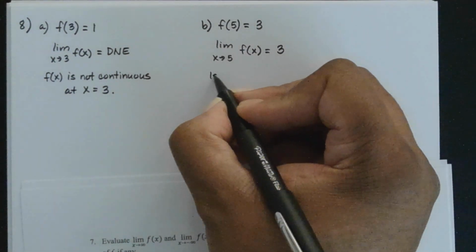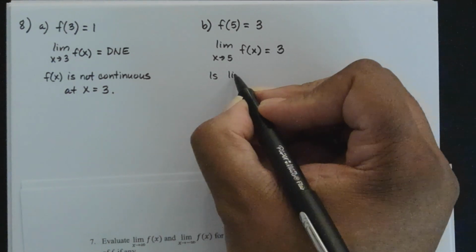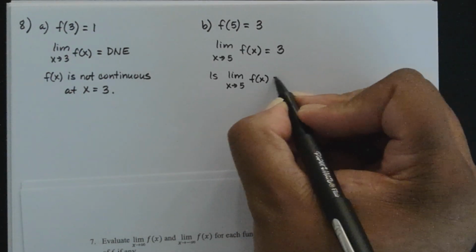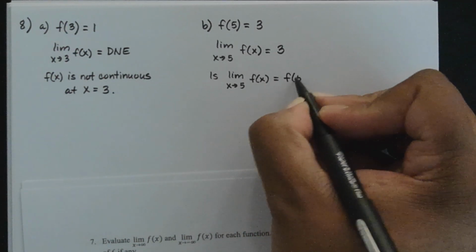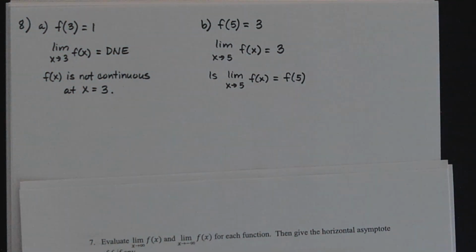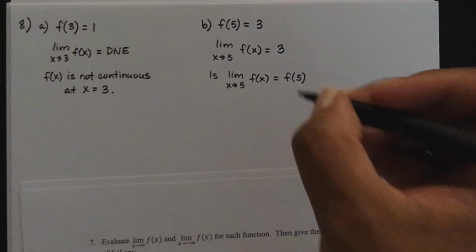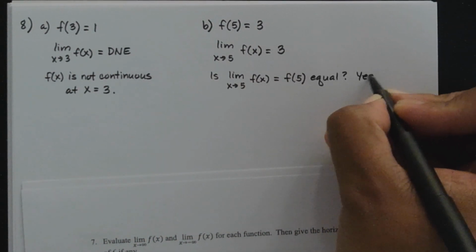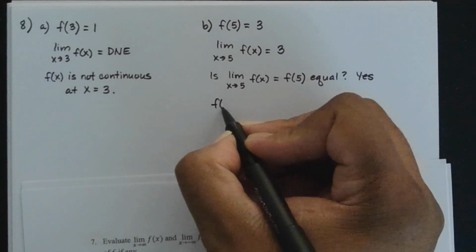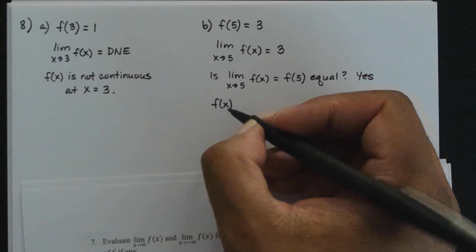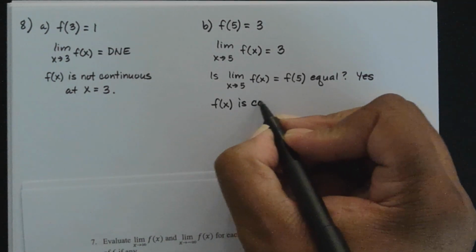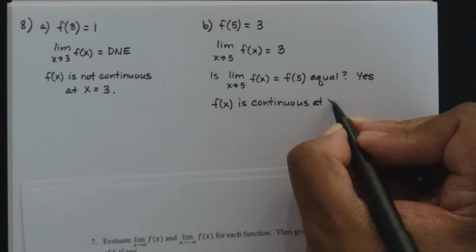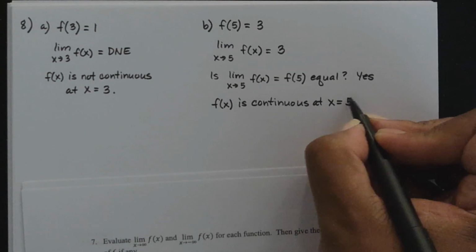And then the last question is going to be this: is the limit as x approaches 5 of f of x equal to what f of 5 is? Are those two equal? Yeah. So that means this satisfies the continuity test. So that means that f of x is continuous at x is equal to 5.